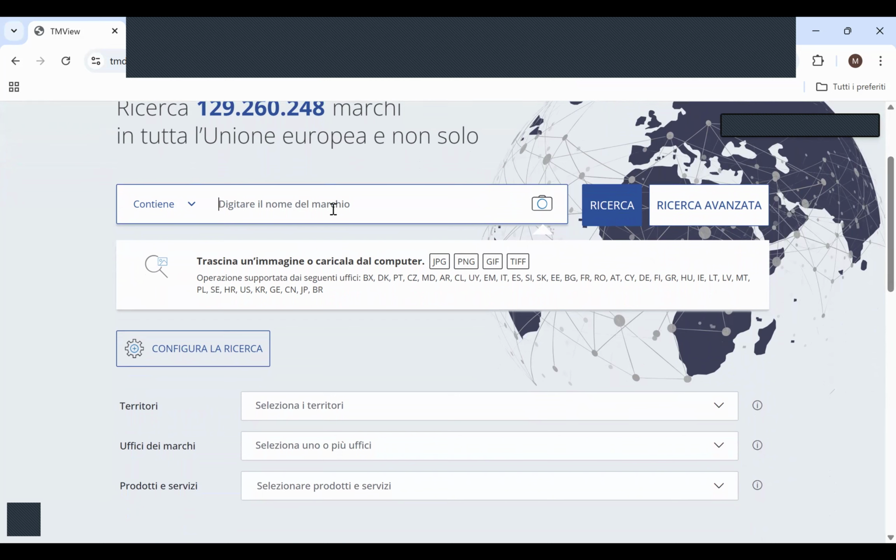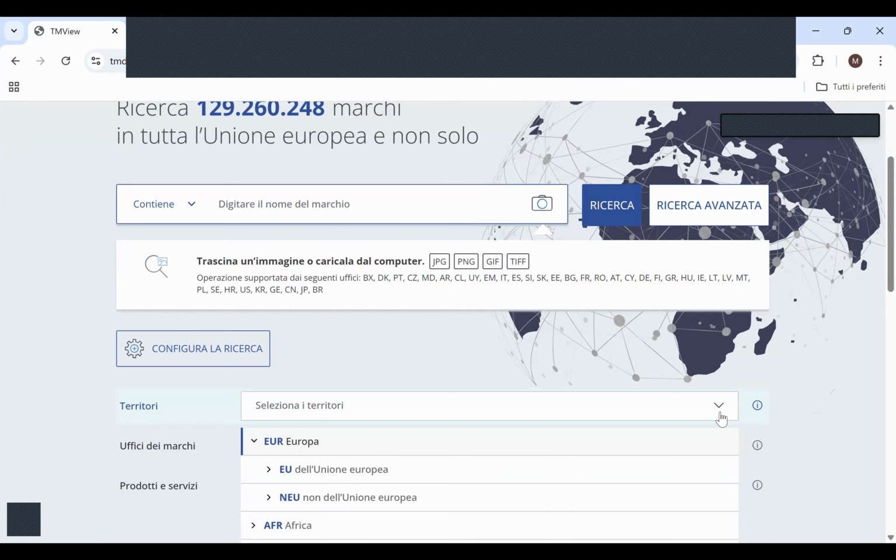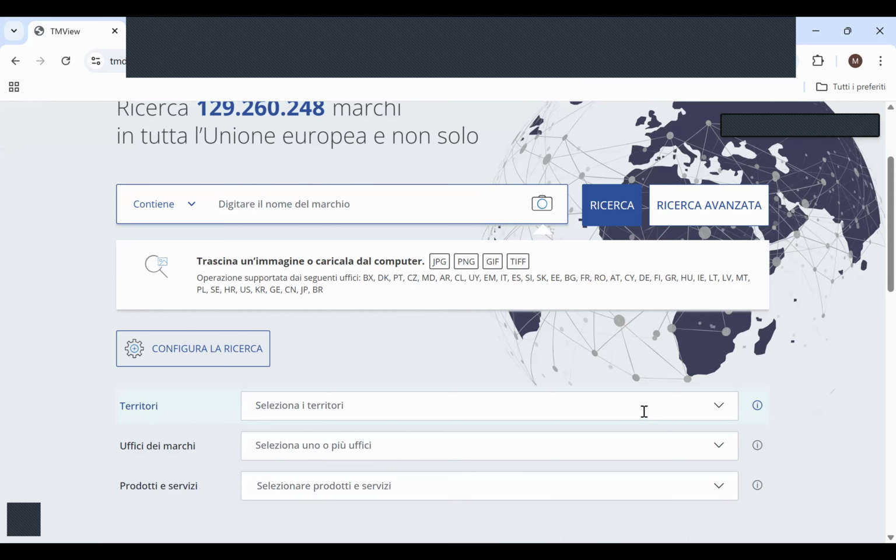It may be a name, it may be a picture, and you may also look at which country you want to check. Because as we have discussed before, when you protect something, you may protect it at different levels. And so, for example, I am going to search for Muse.